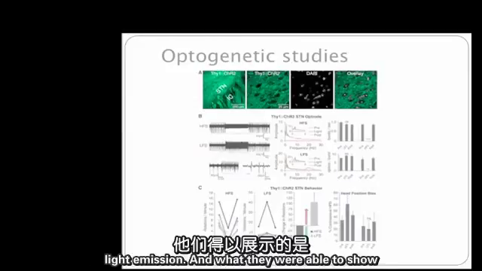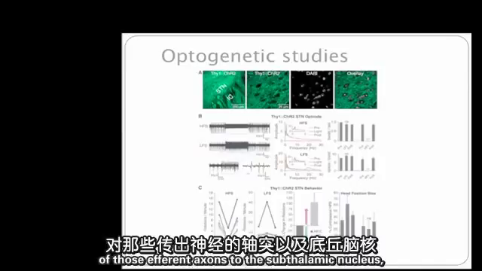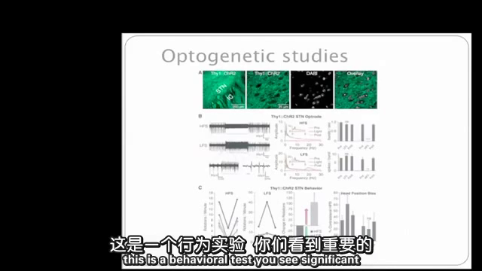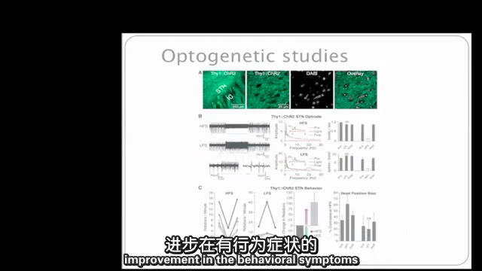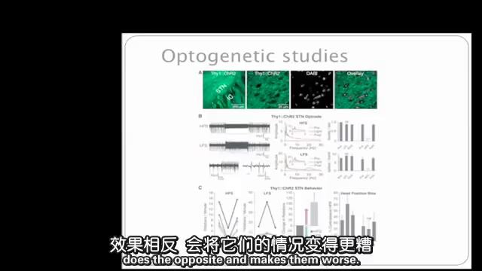What they were able to show is that when you do high-frequency depolarization of those afferent axons to the subthalamic nucleus, this is a behavioral test, you see a significant improvement in the behavioral symptoms of these rodents. Low-frequency stimulation does the opposite and makes them worse.